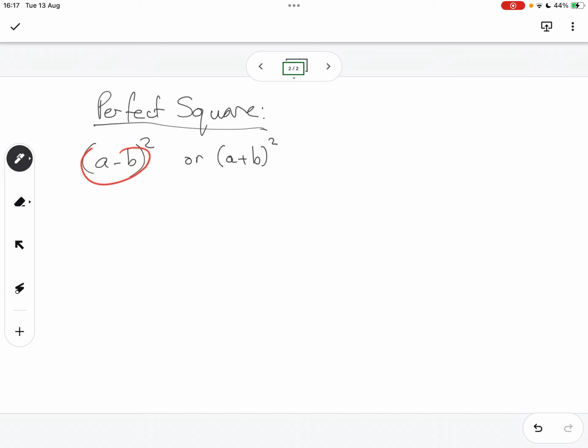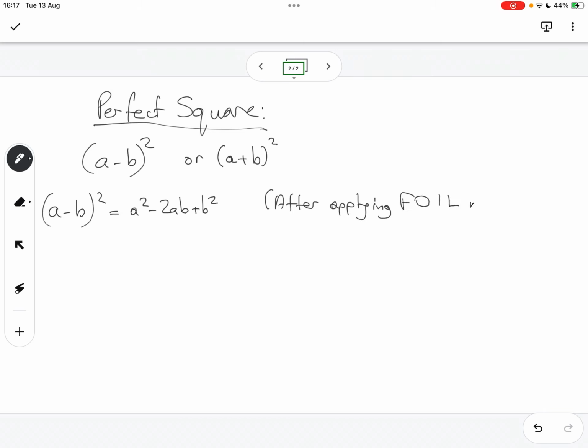So (a minus b) all squared, for example, would equal a squared minus 2ab plus b squared after applying the FOIL method. And (a plus b) all squared will equal a squared plus 2ab plus b squared.